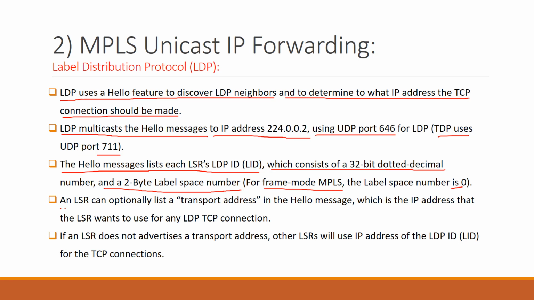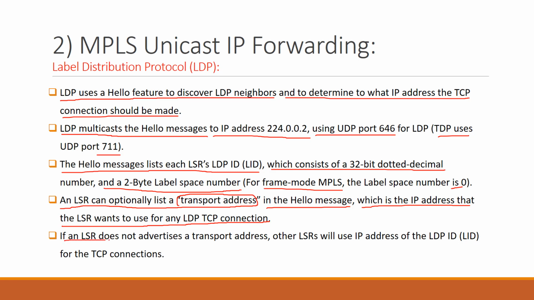Also, each LSR can optionally list a transport address in the hello message that is sent to the other LSR before establishing the LDP neighborship. And this transport address is the IP address that the LSR wants to use for any LDP TCP connection that will come in the future. If you didn't configure this transport address, the LDP ID will be used instead.